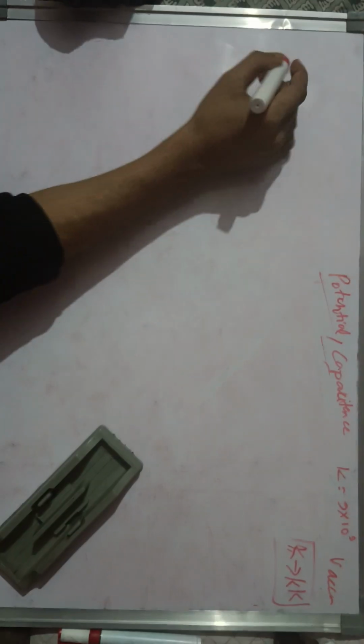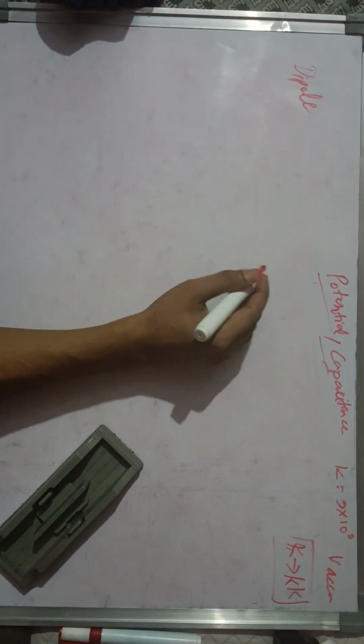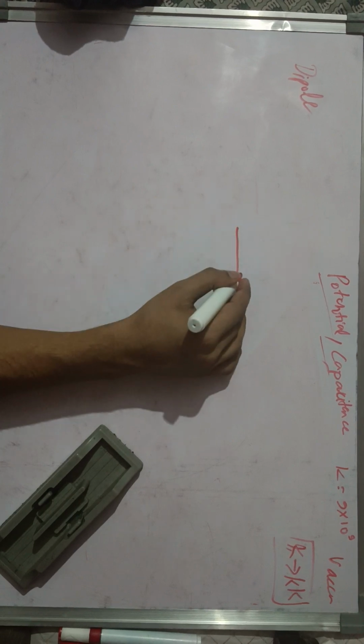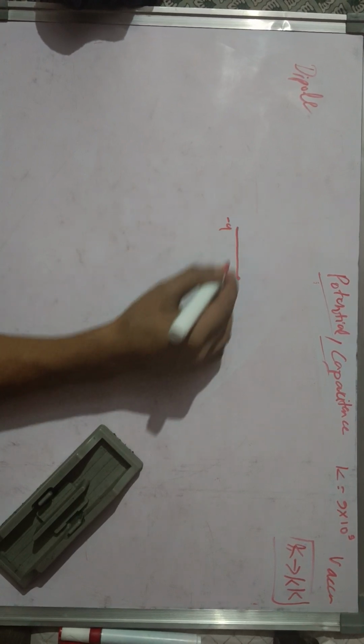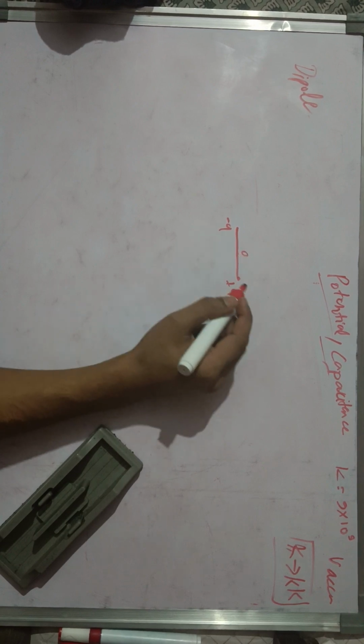Now the question is the potential due to a dipole. Let's say this is a dipole, this is the minus q charge, this is the plus q charge, and this is the center.